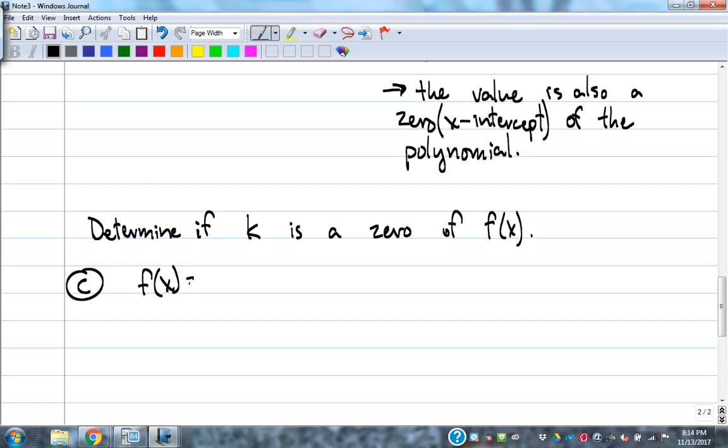So as Ms. Luanda asked about when do we write our answer in that certain form, this is one of those cases where if they ask for us to write it in factored form or something like that, that's the form we're going for. So here's our polynomial, x to the third minus 4x squared plus 9x minus 6. And k is equal to positive 1.